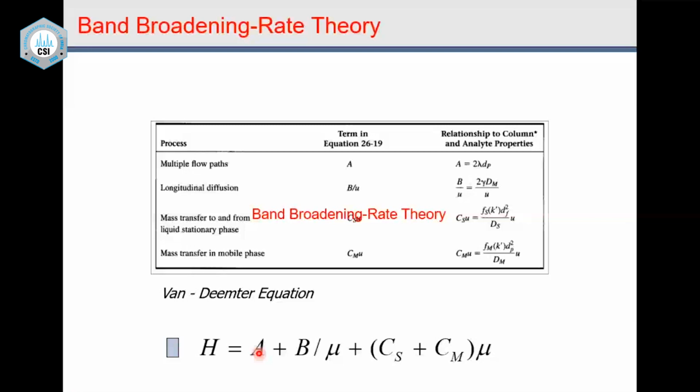Some sample molecules will find an easy path to the other side, while some will find a longer path. Irrespective of whether the sample is retained on the column, adsorbed or partitioned, there will be some diffusion just because of how the column is packed, and that is called eddy diffusion, which will always be there in a packed column. So when you use a packed column, eddy diffusion will be there.